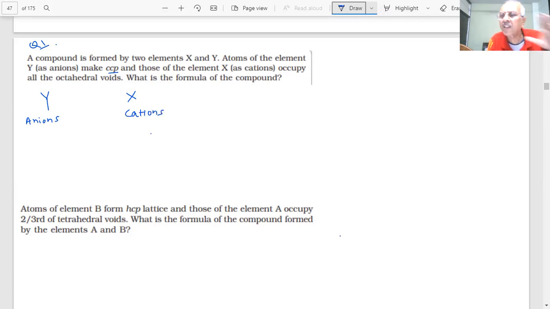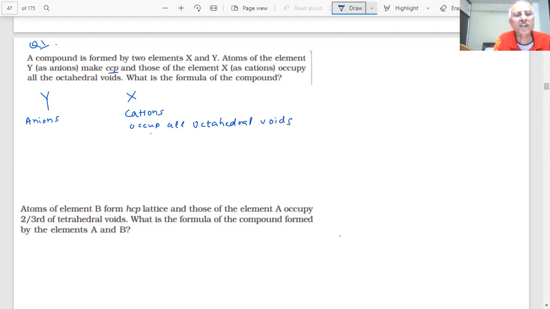Cations will go in the voids. Which type of voids? They occupy all the octahedral voids. Therefore, X is in the octahedral voids. Clear?